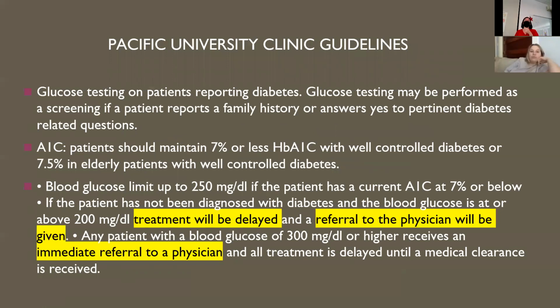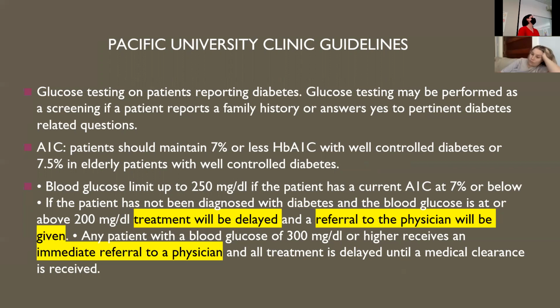So I pulled this up from the clinic manual. You guys need to know this every day when you're in clinic, so I thought we would review it together. You do glucose testing on patients when you suspect your patient is pre-diabetic, or when they mark a positive health history of diabetes. Even if they say no one has ever told me that I'm pre-diabetic, or I don't have diabetes, if they mark diabetes on their health history, it is not a bad idea.